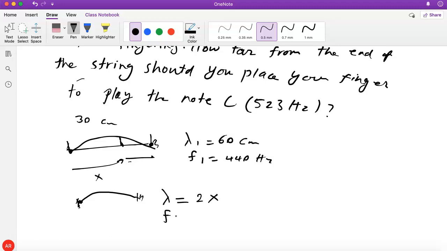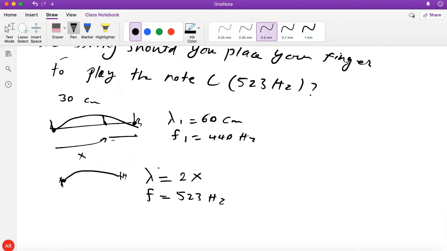And the frequency associated with that, because we know it plays the note C, is going to be 523 hertz. So we want to see what x is. And this is relatively straightforward, right? So we don't know the speed, but we know that lambda f is the speed.